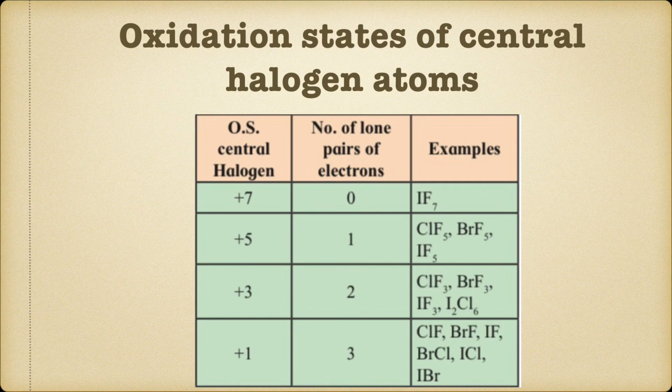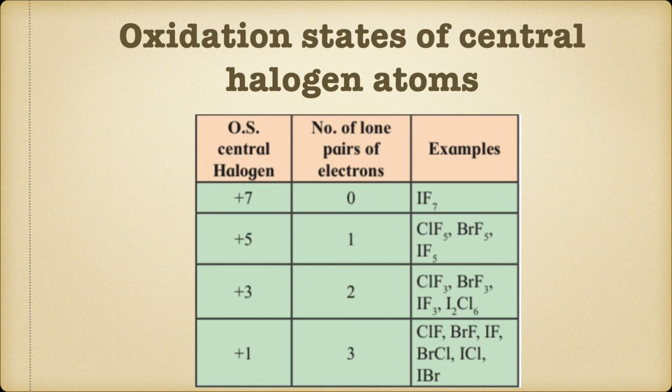Next one, for ClF5, BrF5 and IF5, the number of lone pairs of electrons is equal to 1, and the oxidation state of the central atom is equal to +5. So which is the central atom in case of ClF5? It is Cl. For BrF5 it is Br, and for IF5 it is I.